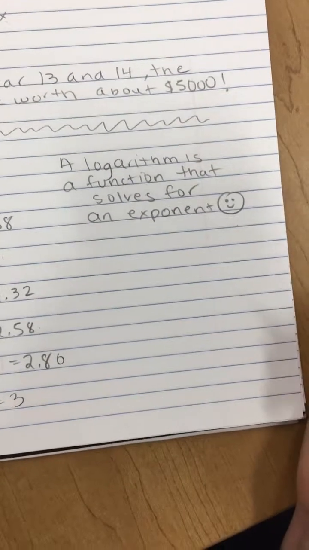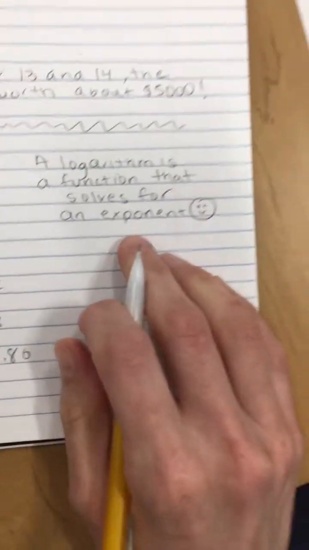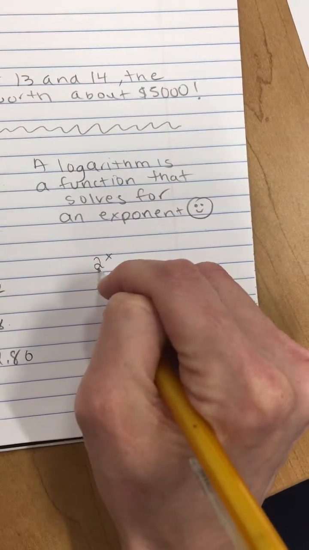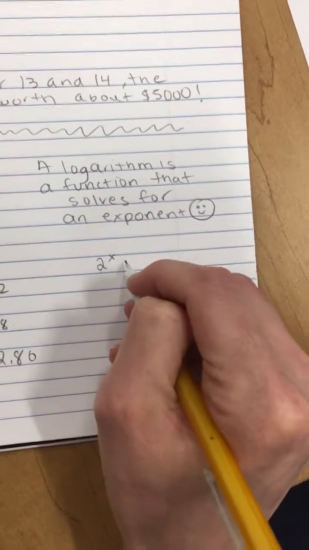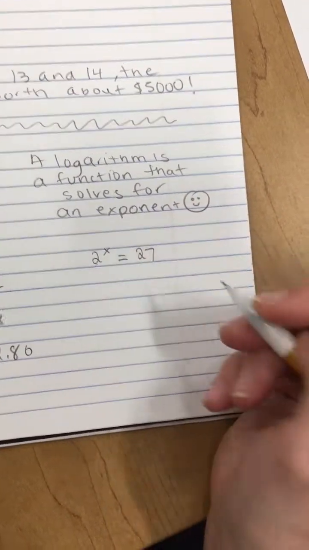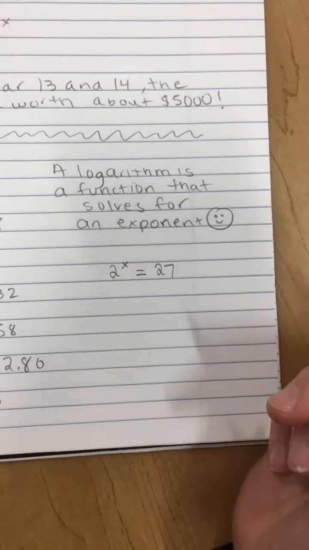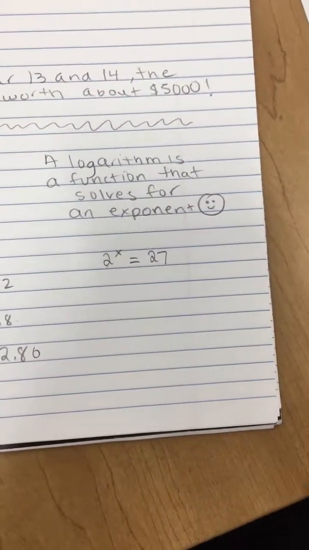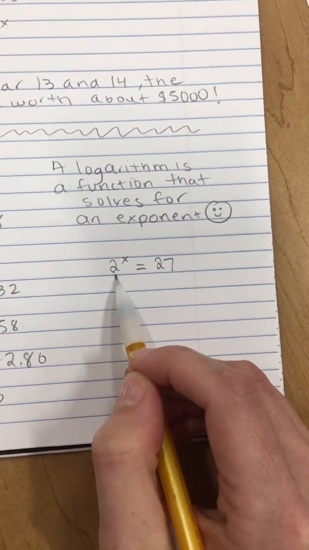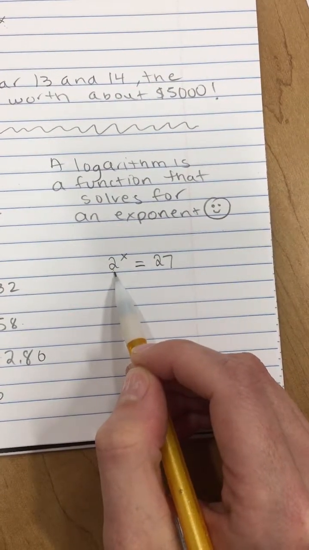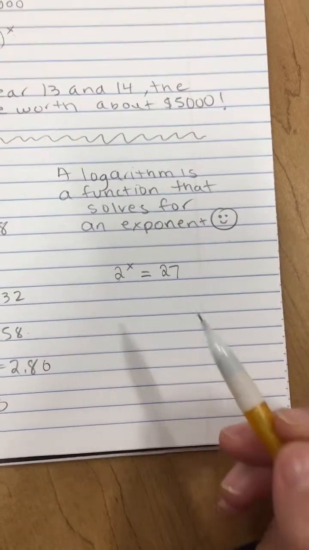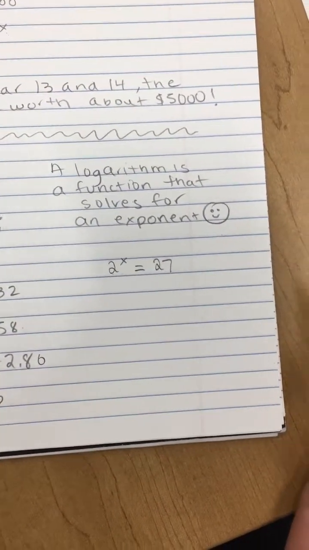And it can be very powerful. If I said to you, hey Erin, could you tell me what 2 to what power is equal to, I don't know, 27? You'd say, Miss Crisco, 2 to a power never equals 27, right? 2 squared is 4, 2 cubed is 8, 2 to the 4th is 16, 2 to the 5th is 32.